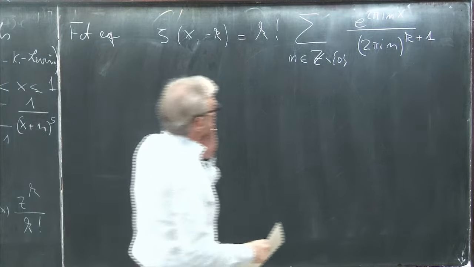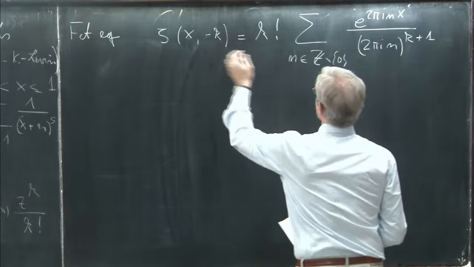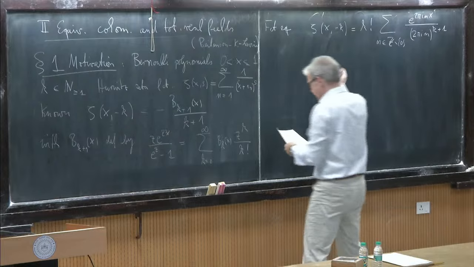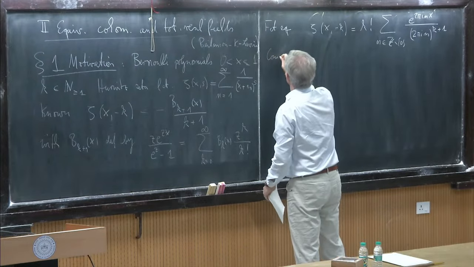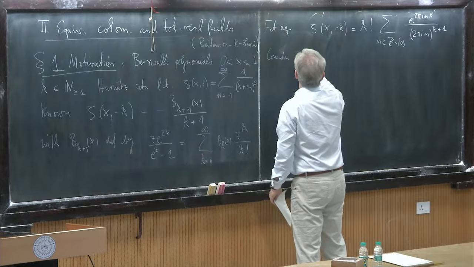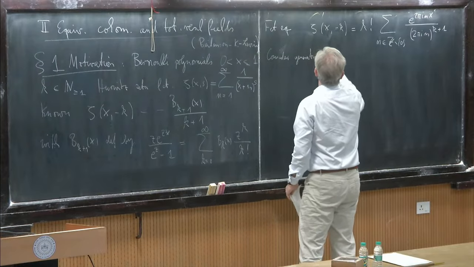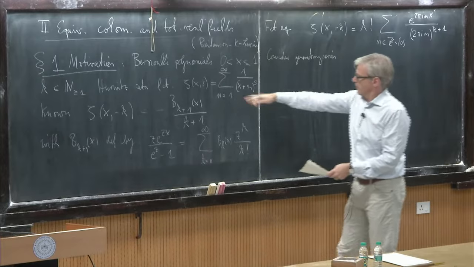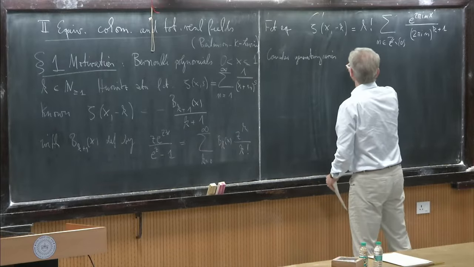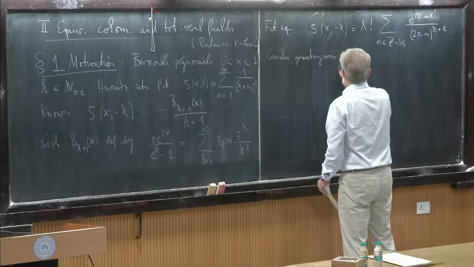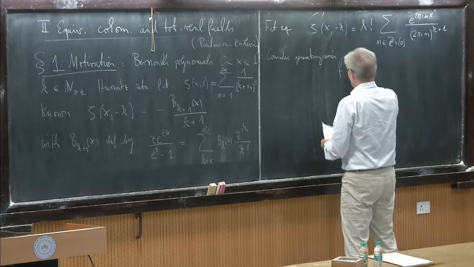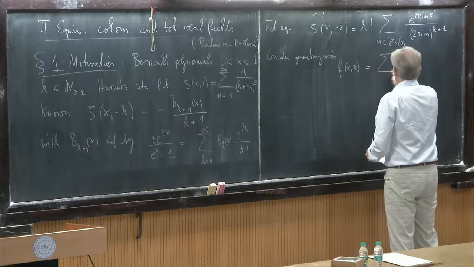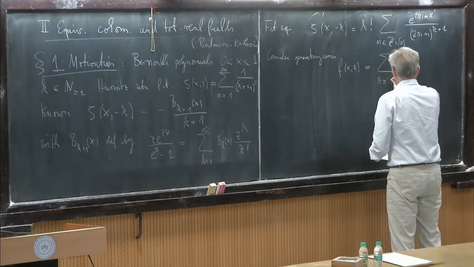And now I want to present a somewhat strange perspective on this series. So we put this in a generating series. Consider the generating series of these numbers. We add some formal variable, like with the Bernoulli polynomials, and we write f of x, z.